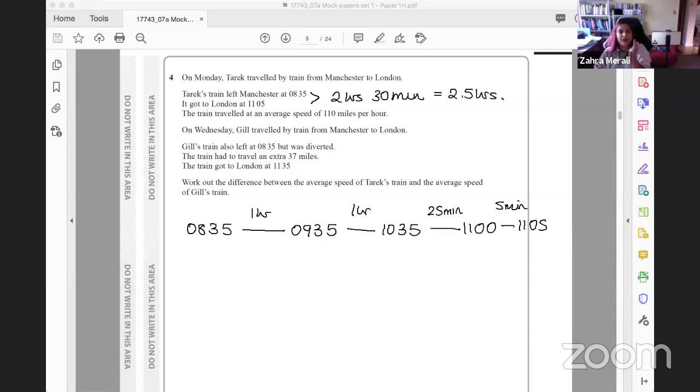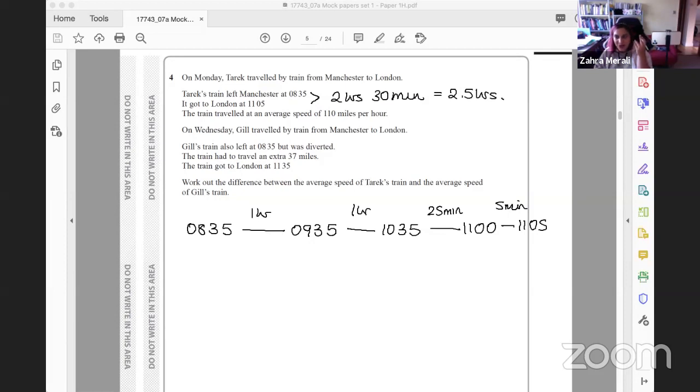Okay. The train travelled an average speed of 110 miles per hour. Okay. On Wednesday, Gil travelled from Manchester to London. He also left at 8:35, but was diverted. The train had to travel an extra 37 minutes. It got to London at 11:35.